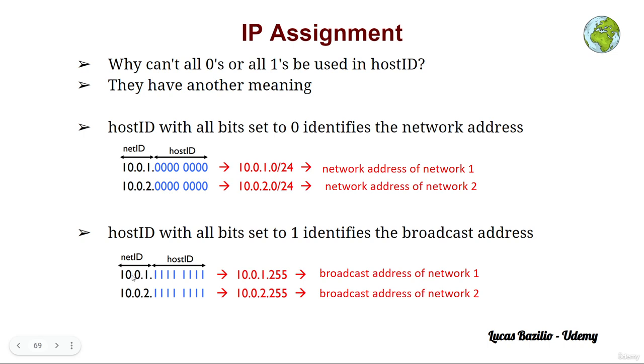Whenever all of the bits of the host ID are 1, essentially this is the same as having 255 in the case that we have here, because this separation is only with 8 bits. So this is the broadcast address of network 1. In the same way, here we have all of the bits of the host ID set to 1, so this is the broadcast address of network 2.